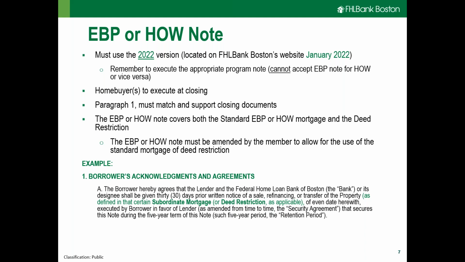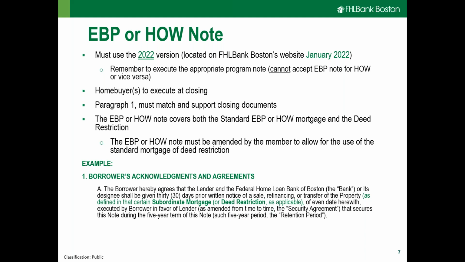So when you're looking at the EDP or HOW Note, like I said, they're on our website under the forms and applications. You're going to search for the respective program, and they will have a revision date of January 2022. Like I said, it's really important for you to know which program your borrower is registered, because you can't interchange them.